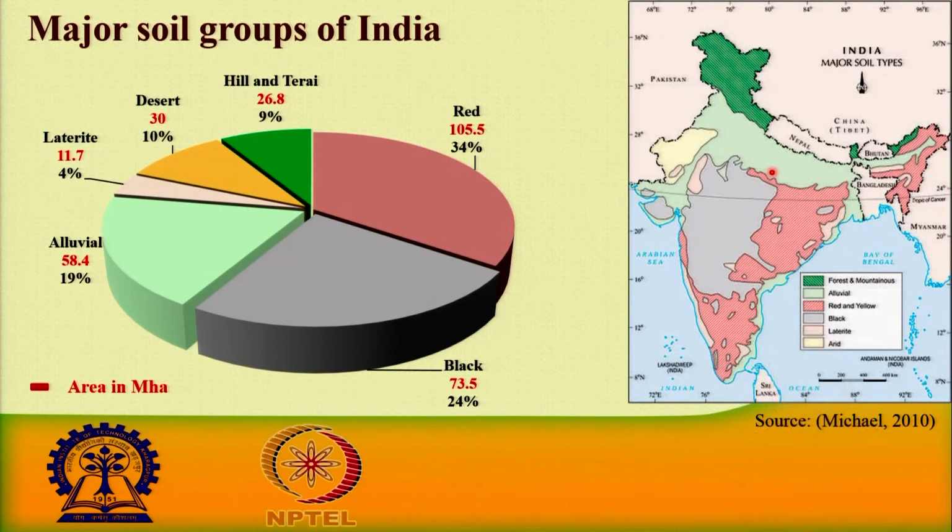The large part of the area with this red color is covered in this group, so this is the red soil dominating area. Next in the order is the black soil, and then other soils.